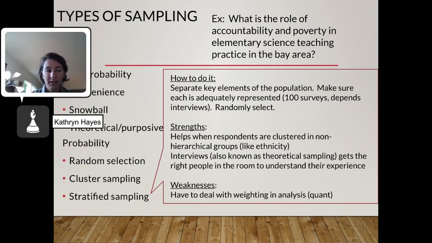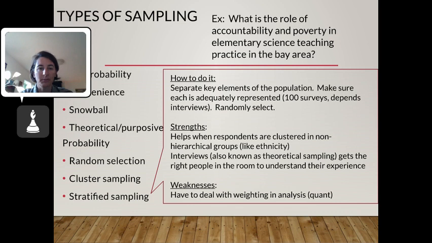So to correct for the issues of cluster sampling that I just brought up, you may want to do stratified sampling. In this case, you might want to separate key elements of the population to make sure each area that you're interested in is adequately represented, and then randomly select from within them. So in the case of my study of elementary teachers, I may divide up the schools, once I'm at the school level, into schools that are in program improvement and schools that are not in program improvement.